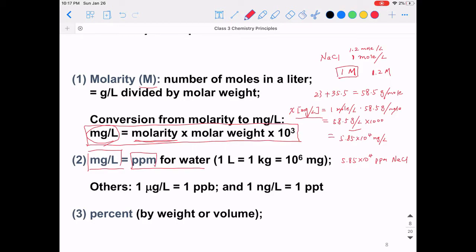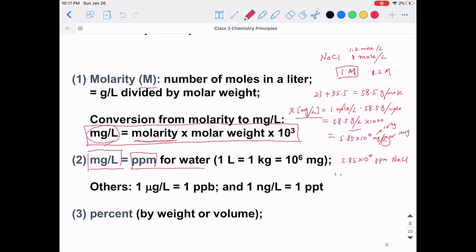So we first need to convert the liter here into the mass of water, right? So for dilute solutions, 1 liter represents 1,000 grams, right? We also know that 1 milligram represents 10 to the minus 3 grams.